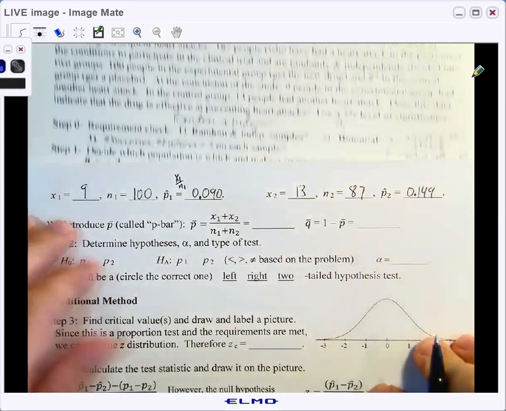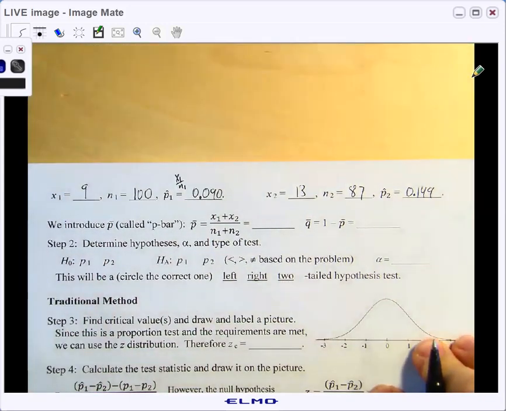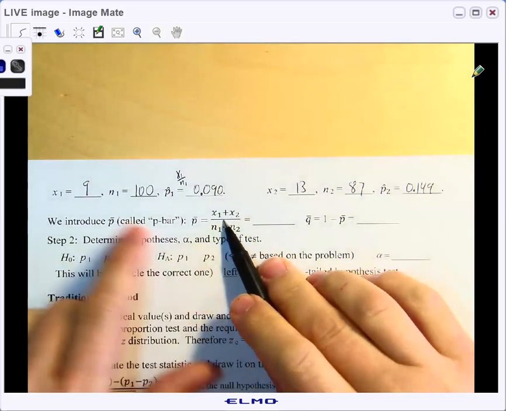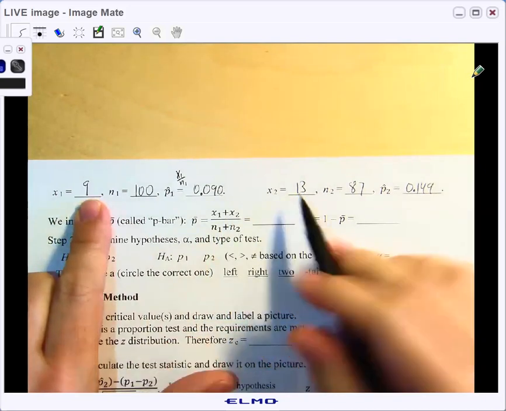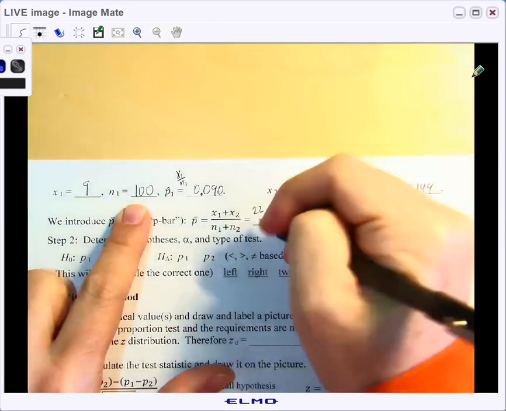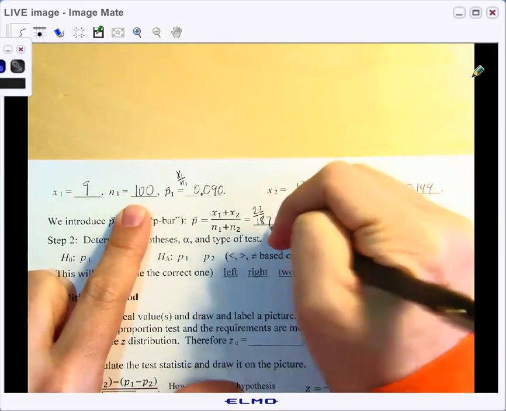All right, now we're going to need to introduce something else called P bar, the overall proportion. So we're going to take X1 plus X2, getting 22, and N1 plus N2, which is 187.